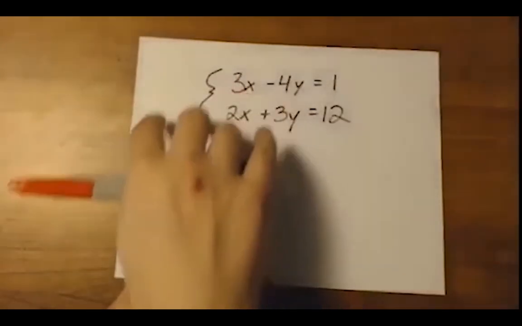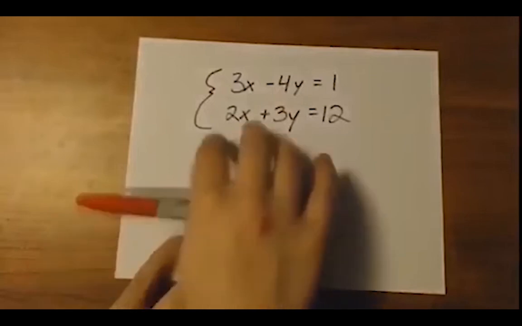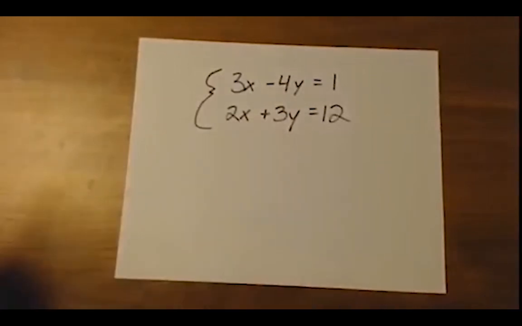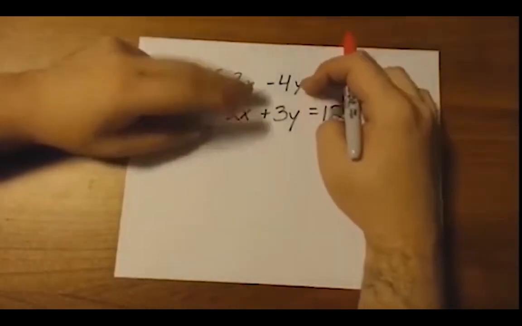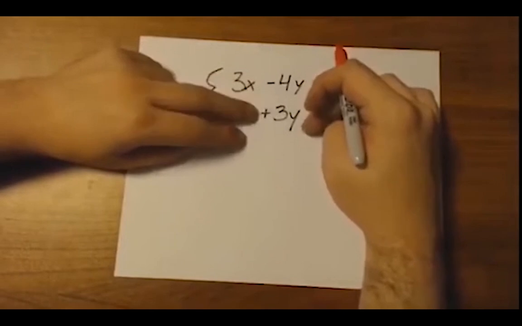We want to find two equations that we can add down, and one of the variables would go away. So let's say here with our y's, one of them's negative, one of them's positive. We're already off to a good start.